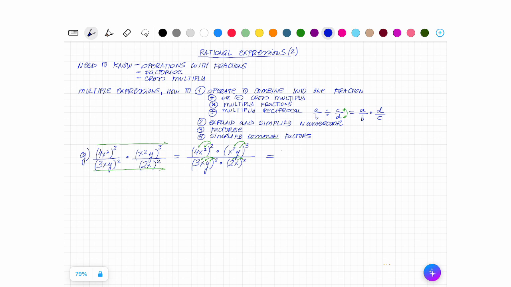So in the first one I've got 4 squared, and I'm going to leave the coefficients as an exponent. You're going to see why later on. x to the 4 times x to the 6 times y cubed, and then in the denominator I'm going to have 6 squared, and this is coming from here.